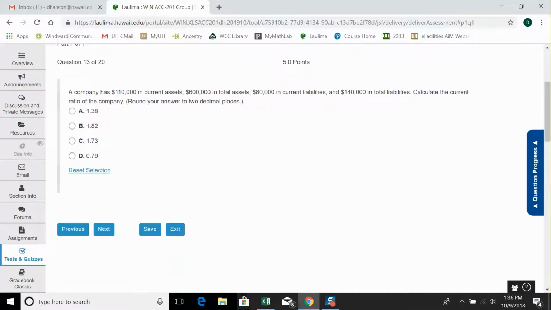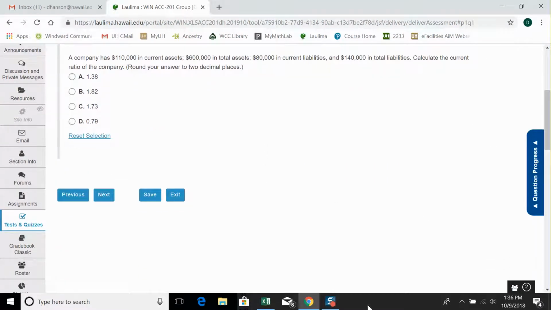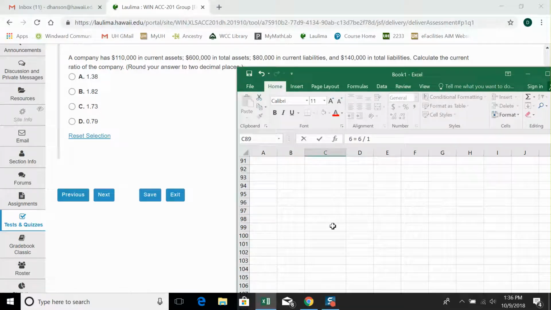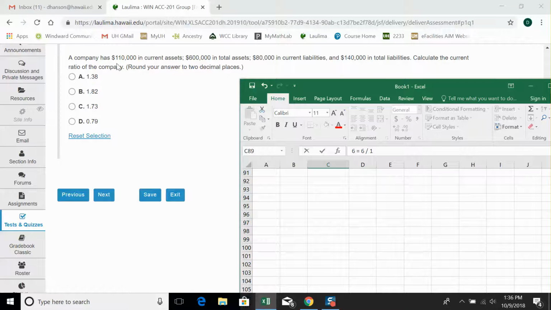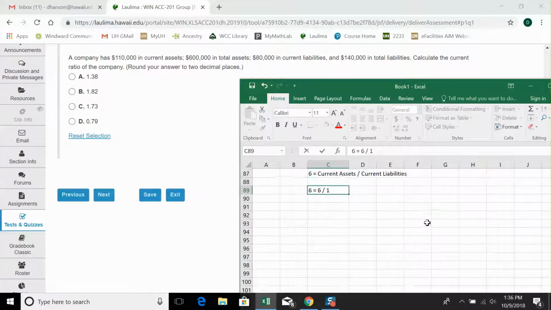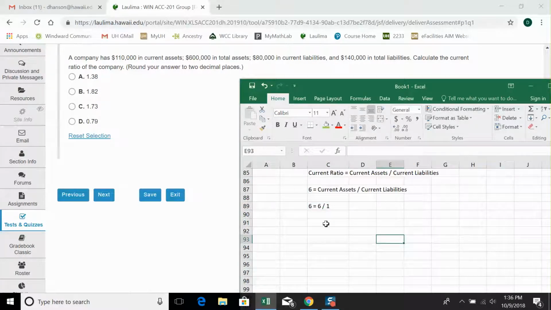Question 13 of 20. Let's see here. Now, we're probably going to need to do a little bit of math. Okay, it says a company has 110,000 in current assets, 600,000 in total assets, 80,000 in current liabilities, and 140,000 in total liabilities. Calculate the current ratio of the company. So we can incorporate what we just did.